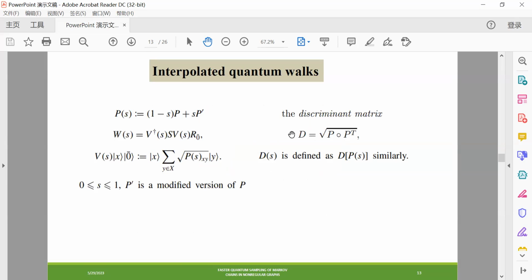Then, during the process, we need the discriminant matrix D, defined like this, and similarly D_s can be defined like this.